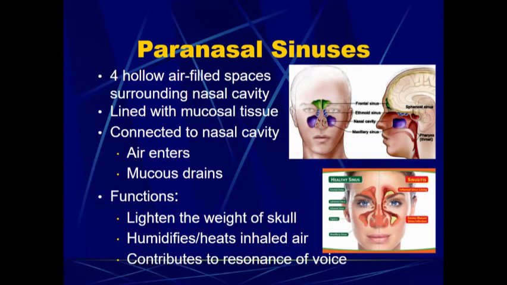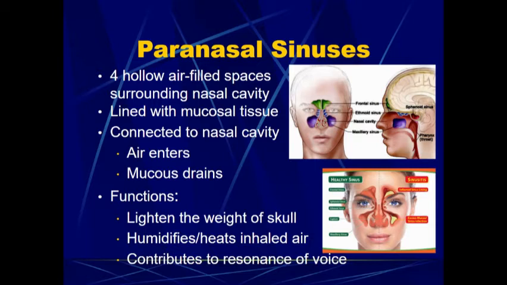So the paranasal sinuses are also found with the skull, and they're actually found within facial bones. There's 4 paranasal sinuses, which are hollow air-filled spaces that are surrounding the nasal cavity. So again, you're not going to need to know the specific names and locations of the different paranasal sinuses, but you should know in general where they are located.